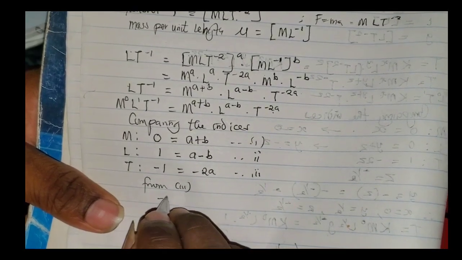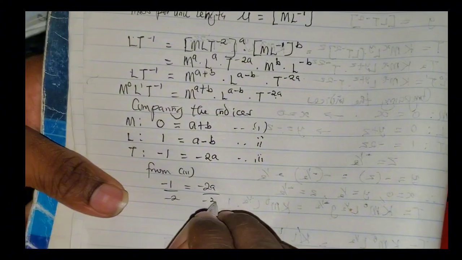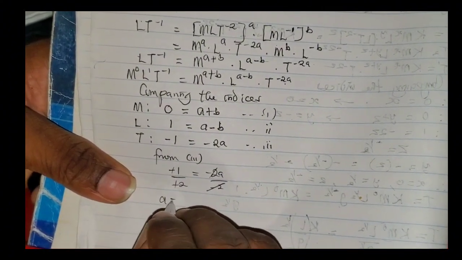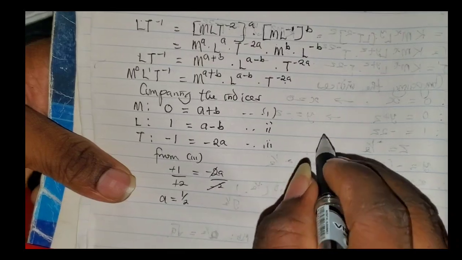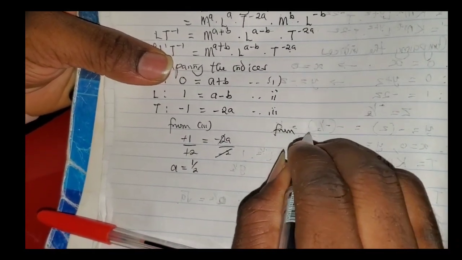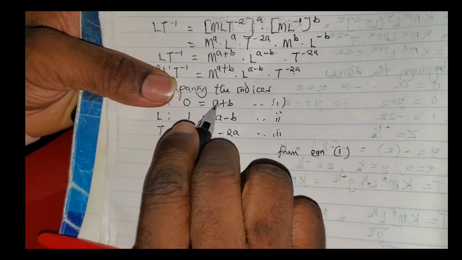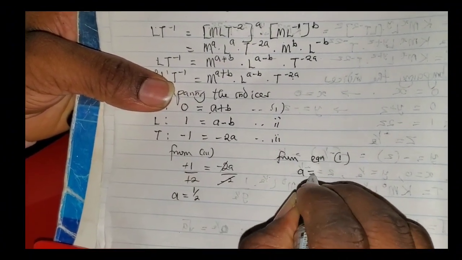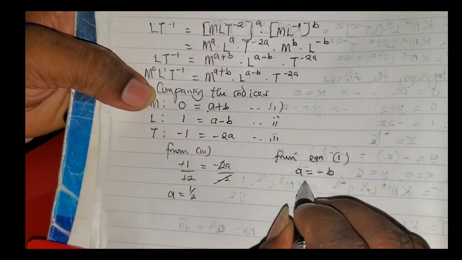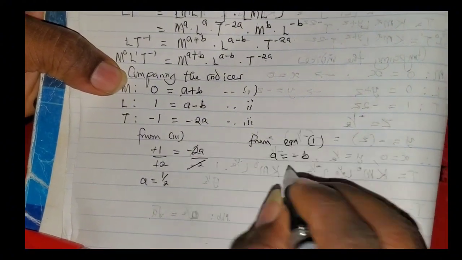So when we divide both sides by -2, a equals half. From equation 1, we know that a plus b equals 0. If a crosses to the other side, b equals minus a.